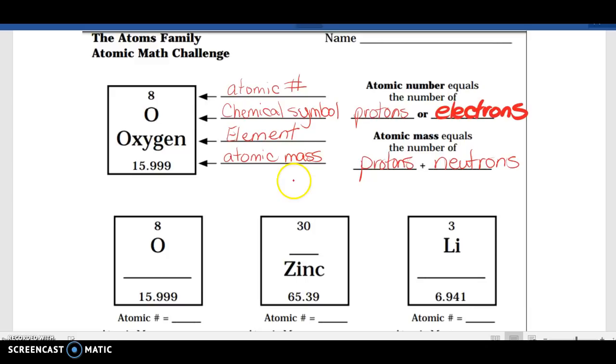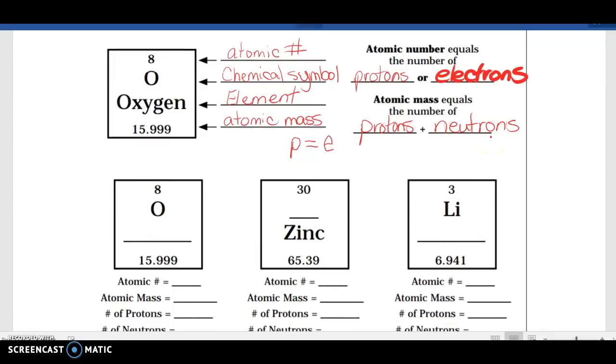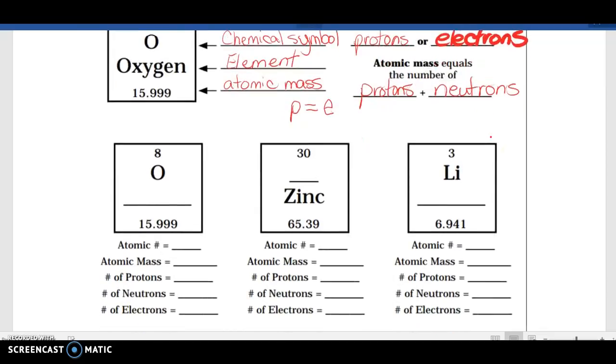Now, because we learned earlier that the number of protons is the same as the number of electrons, we could also say over here, instead of protons plus neutrons, we could say electrons plus neutrons. Now, what this information will help us do is figure out how many particles are in one of our elements.